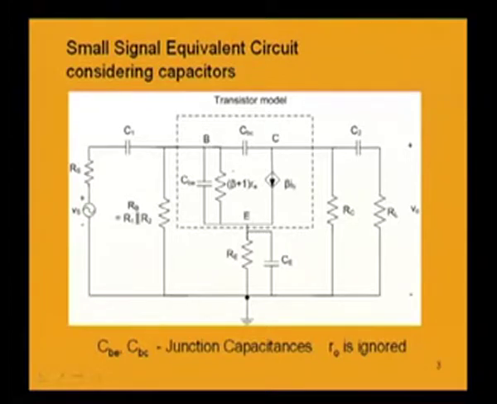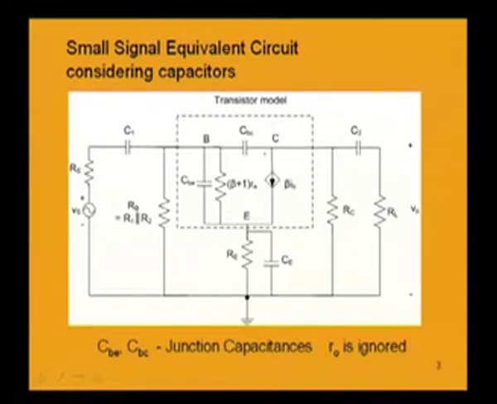The transistor again has a forward bias diode and a reverse bias diode, the forward bias one being the base-emitter junction and the reverse bias one being the collector-base junction. So these capacitances have to be taken into consideration.